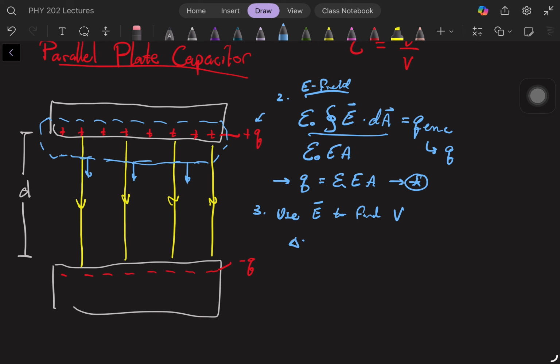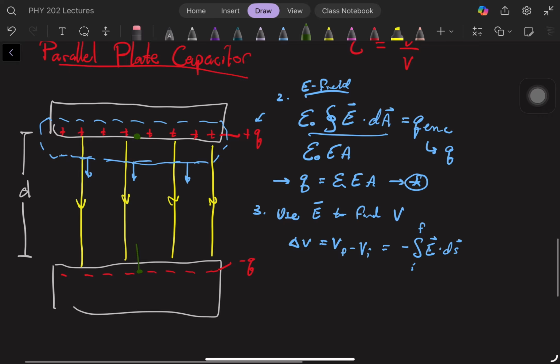Okay, and so we have delta V is equal to V final minus V initial. So we have the negative integral from initial to final of E dot ds. Let's see if we can be creative anywhere. If our initial point is here and our final point is here, and we want to integrate this way, well, our ds is going in the opposite direction of the E field, right?